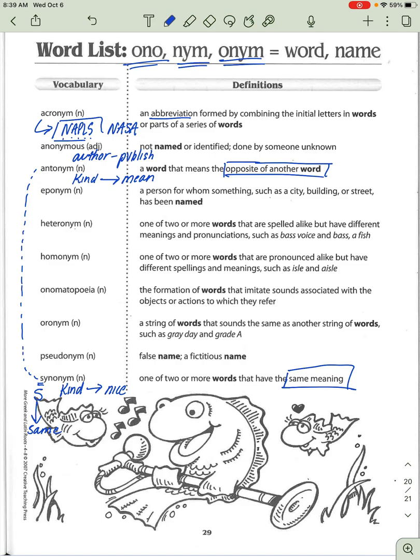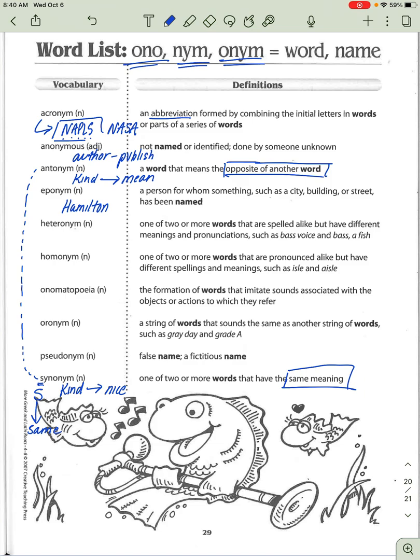The next one here is eponym. An eponym is a person for whom something such as a city, building, or street has been named, okay? So Hamilton Road would be an eponym because Alexander Hamilton would be the eponym because that is for whom Hamilton Road is named, okay? Different things like that.